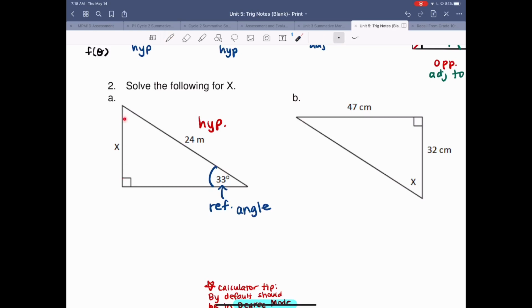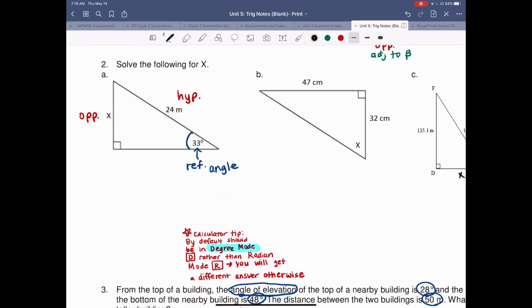And the side represented by x is opposite to the 33 degrees. Keep in mind that the hypotenuse is always the longest side because it's across from the 90-degree angle. So x is the opposite side, and 24 meters is the hypotenuse.